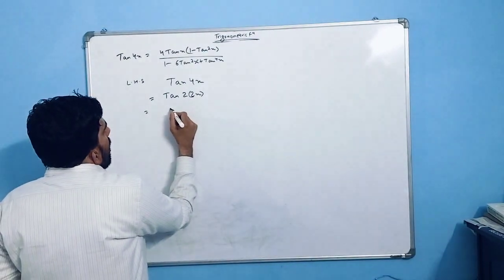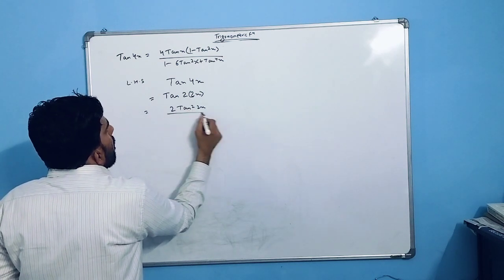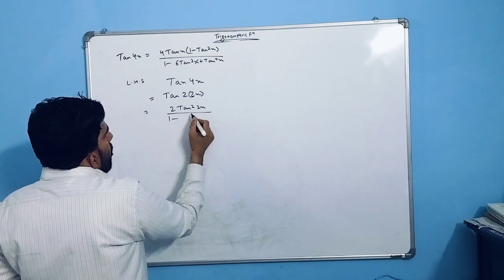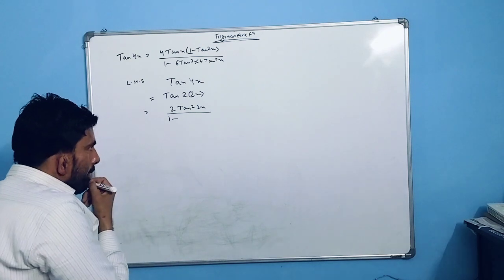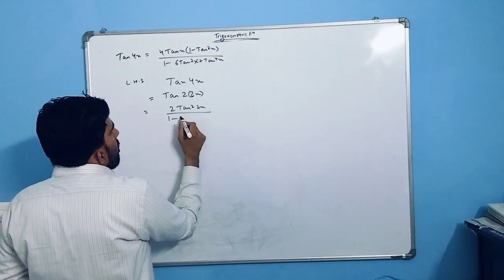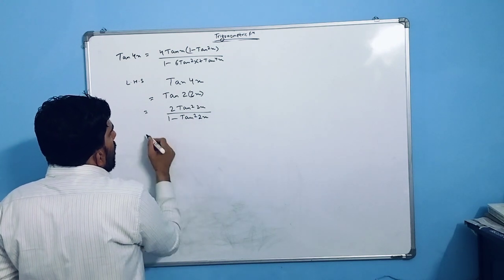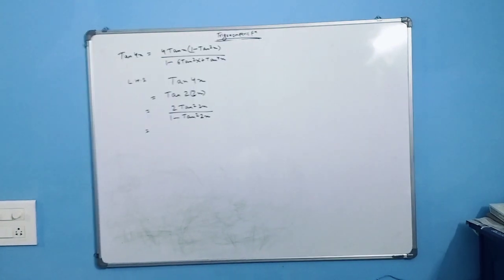That is 2 tan x upon 1 minus tan square x. Okay, so that is the formula.